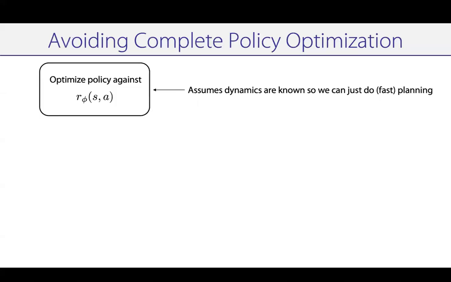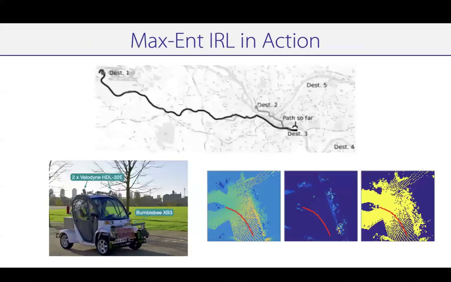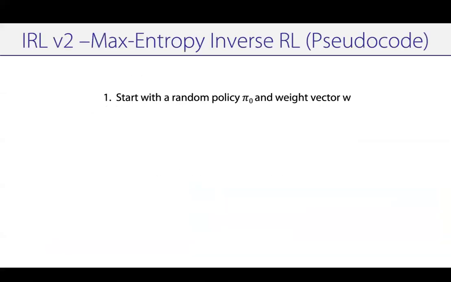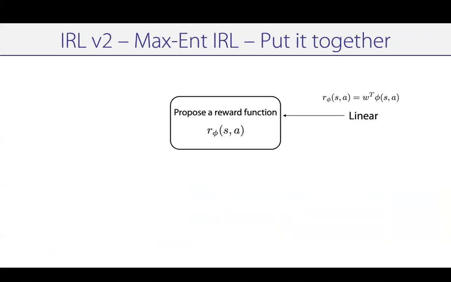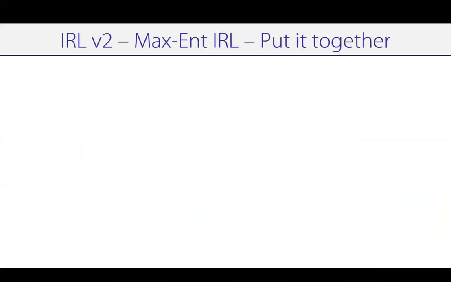Okay, so that is the first problem. The second problem is that we're doing RL all the way inside the inner loop. We need to get samples from this, the expectation under the optimal policy for w, which means I have to run RL all the way to convergence. Every time I take an update on w, I have to run RL all the way to convergence, so I want to avoid doing that.